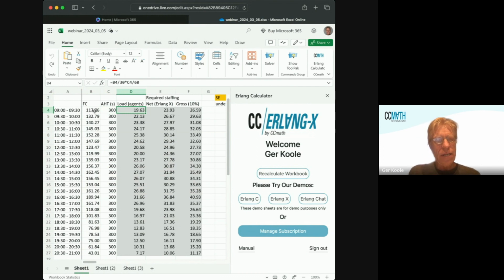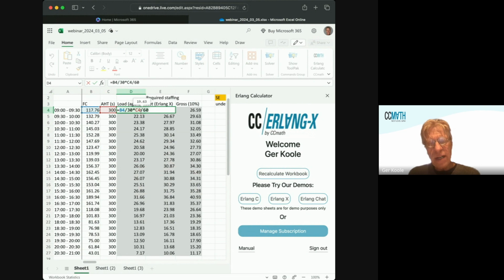So that is the forecast, and then we bring everything back to minutes. You can see the formula. You take the forecast and divide by 30, so that's the number of calls per minute. You take the average handling time and divide by 30, so that's the time it takes in minutes. Then you multiply both, and then you know how many agents you need.